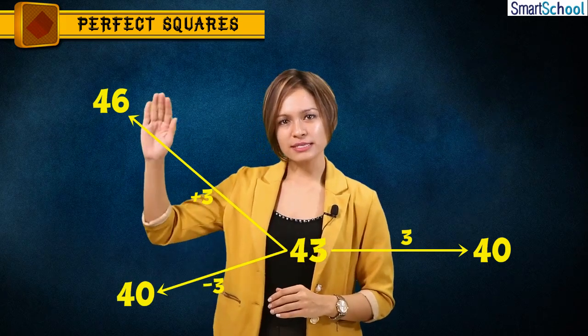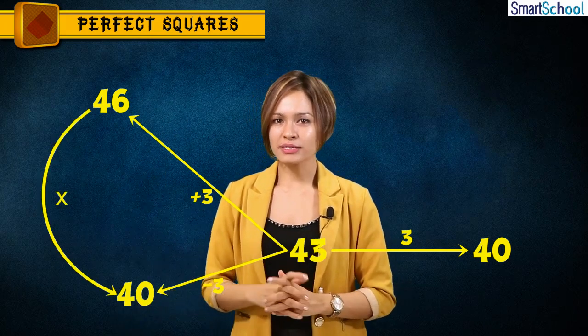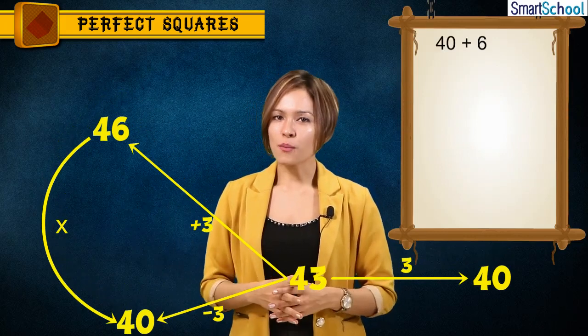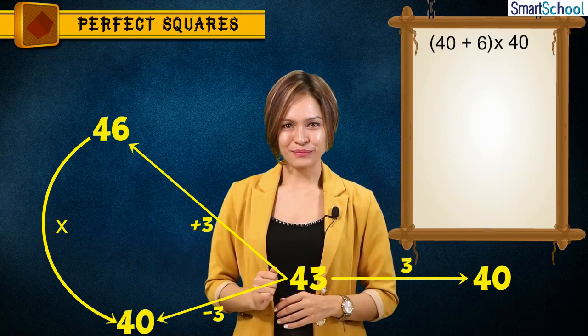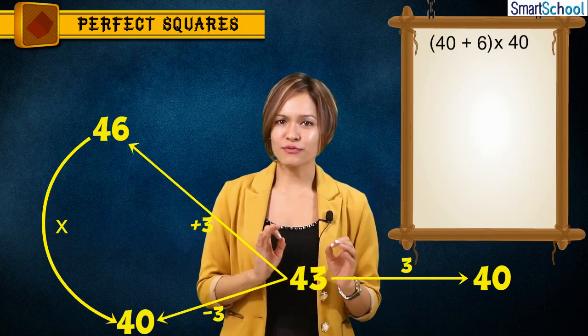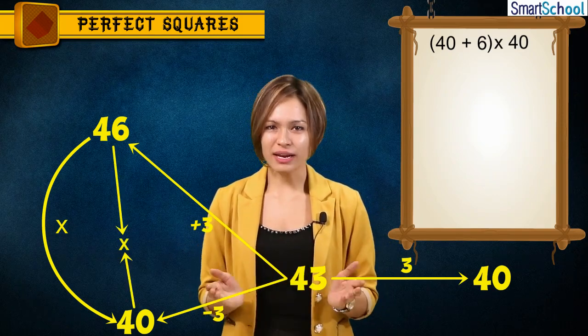Multiply 46 and 40. To simplify this multiplication, write 46 as 40 plus 6 and then multiply it by 40. Can you think of the reason why we have written 46 as 40 plus 6? We could have multiplied 46 directly by 40.